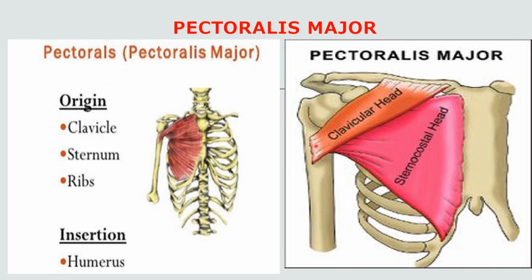So the muscle converges to form a bilaminar tendon and is inserted into the lateral lip of the intertubercular sulcus, or the bicipital groove of the humerus, in a U-shaped manner.